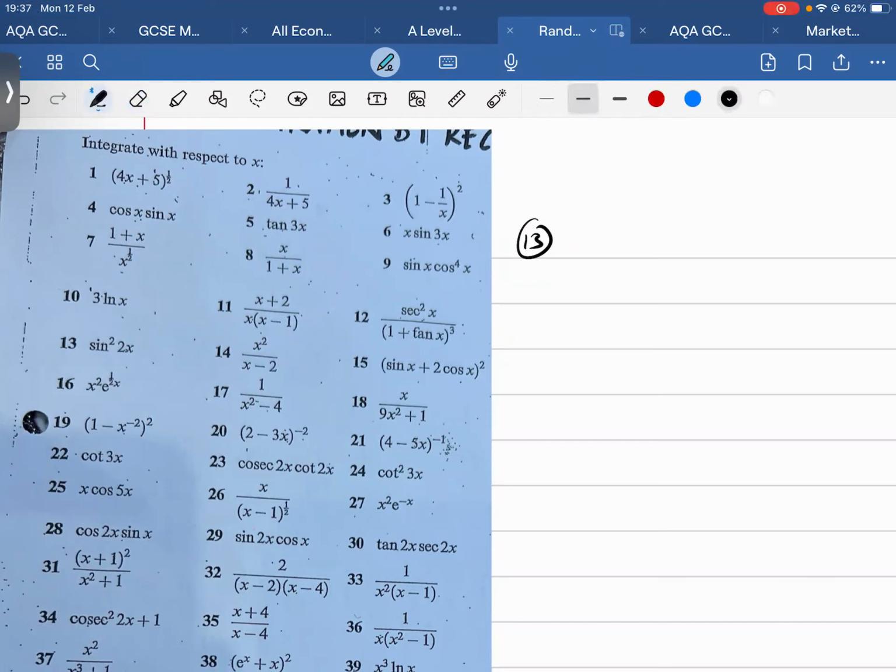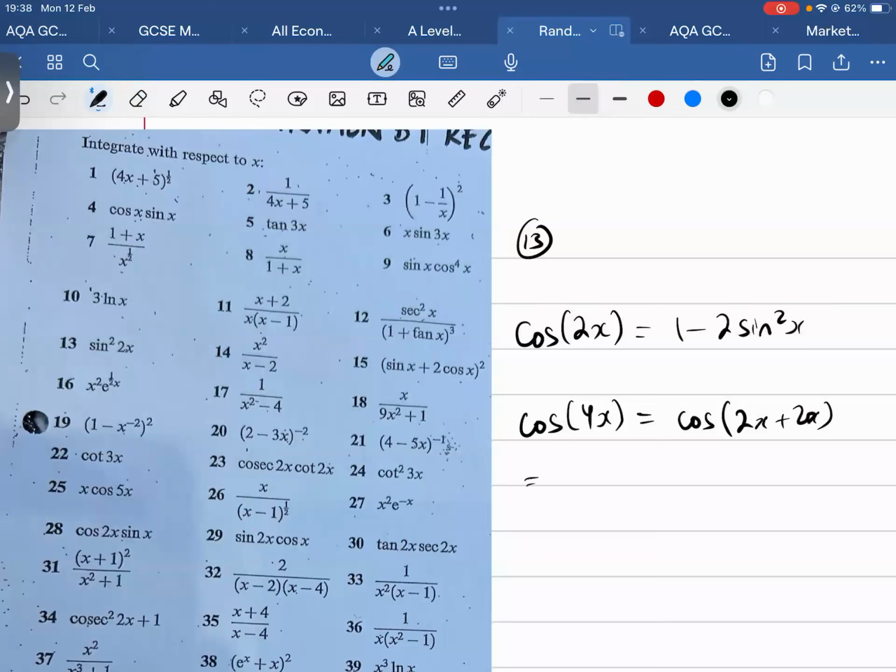So I know that cos 2x equals 1 minus 2 sine squared x. Or cos 4x equals cos(2x plus 2x), which equals cos 2x cos 2x minus sine 2x sine 2x.